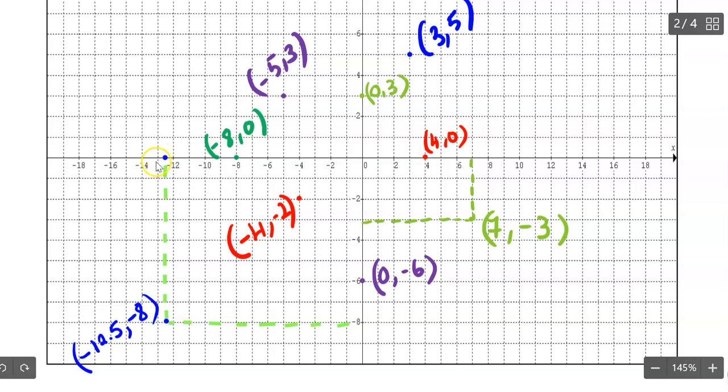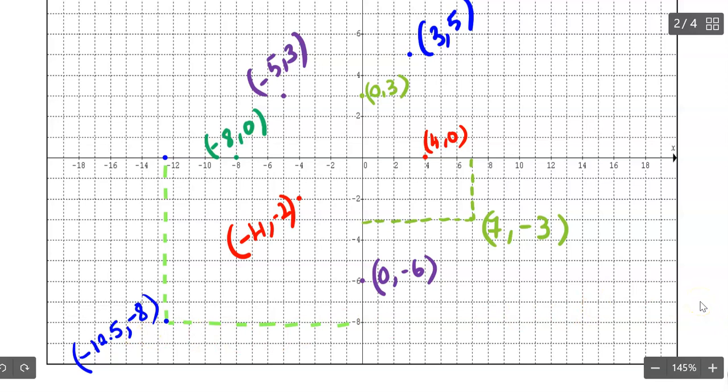So negative 13 and negative 12, the one evenly in between them, right in the middle, should be negative 12.5. So from here, I draw a line down and stop where the negative 8 projected out. This point will be the coordinate representing negative 12.5 and negative 8.